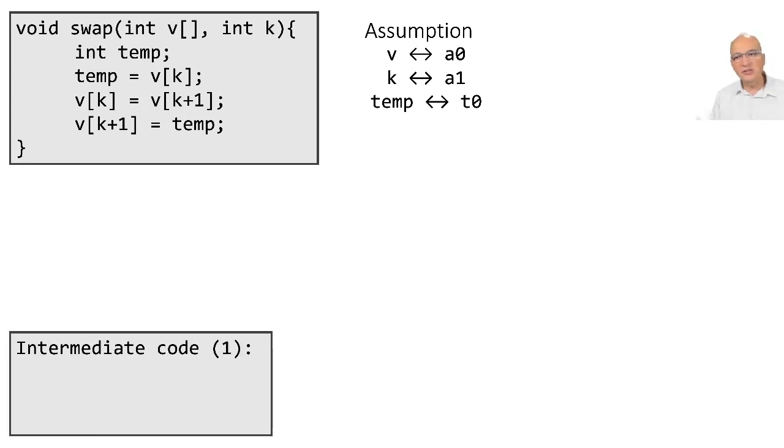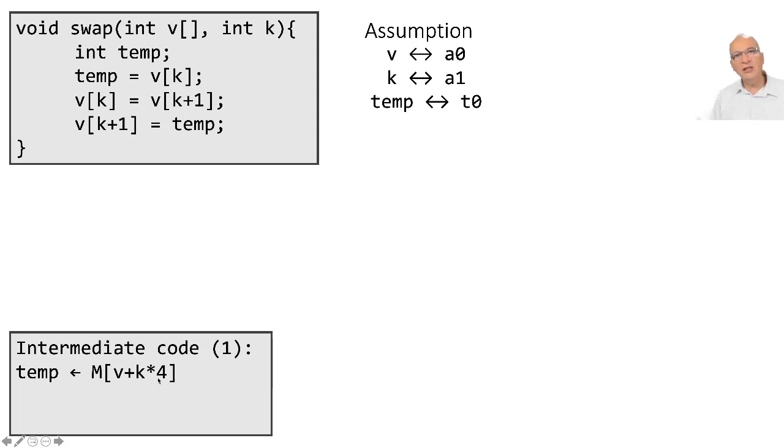So the first intermediate code that I will create says that temp is getting the value of the memory position given by v, which is the address of the first position of the array v, plus k times 4. When I write this notation, I'm using M and the square brackets to indicate that I'm accessing a given memory position.